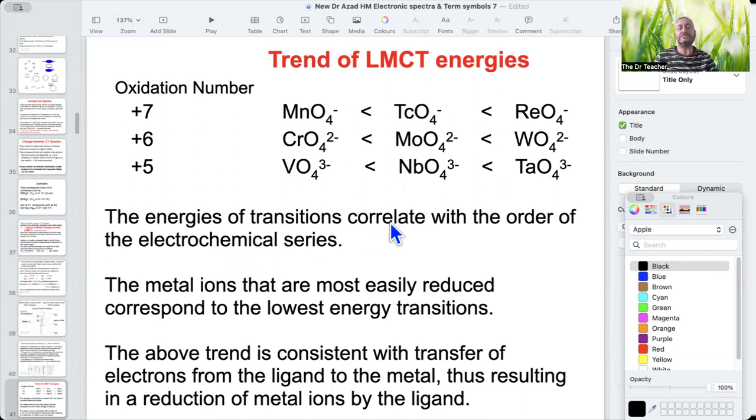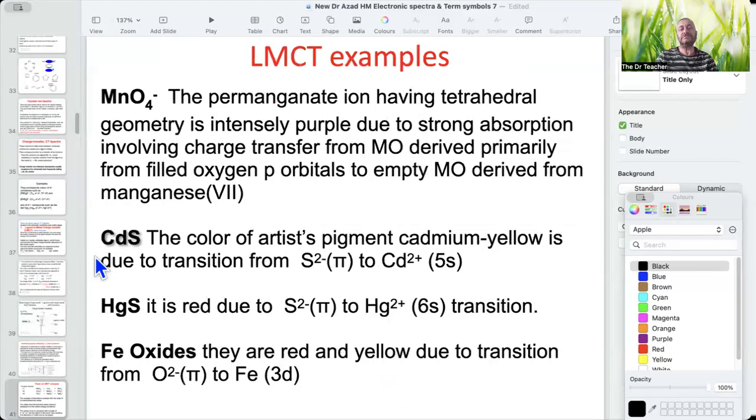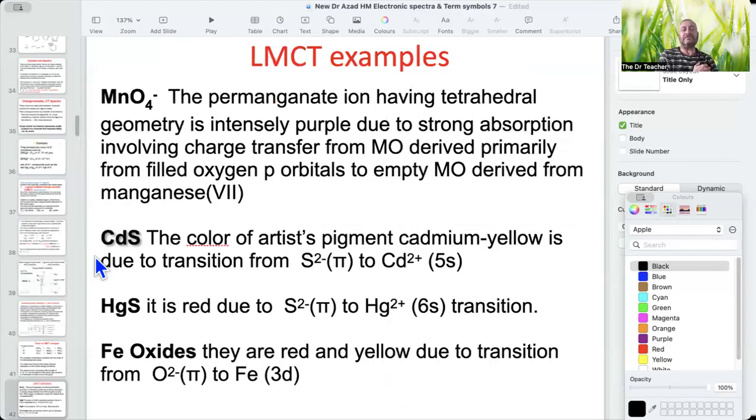So the energies correlate with the order of the electrochemical series for the elements. Metal ions most easily reduced correspond to the lower energy transitions. This is consistent with the result of the practical calculations. Ligand to metal, look, permanganate, very strong, can transfer its ligand to the metal.